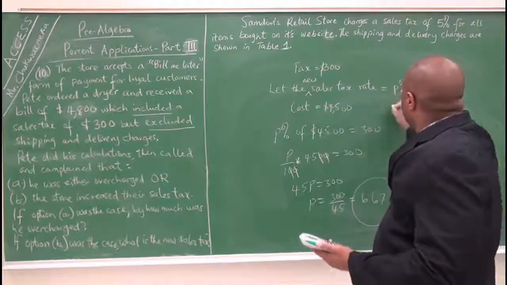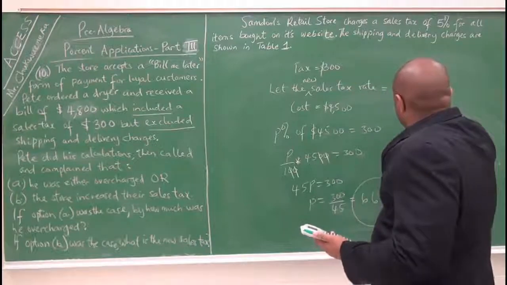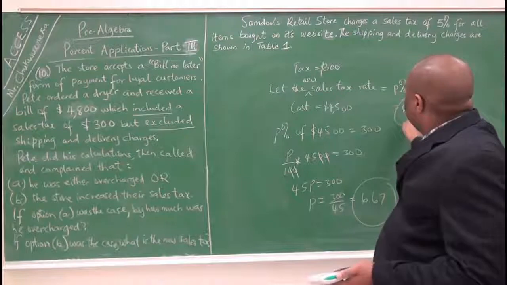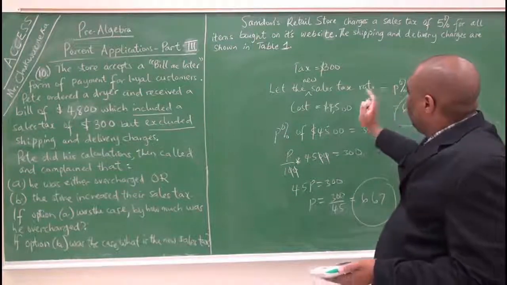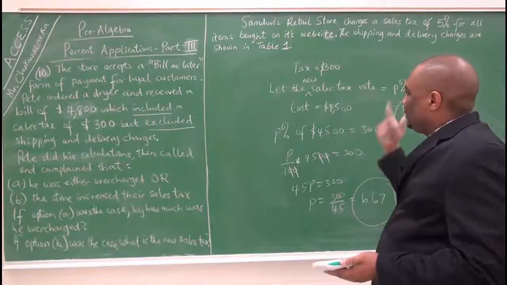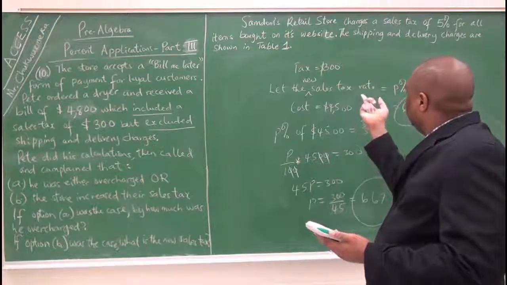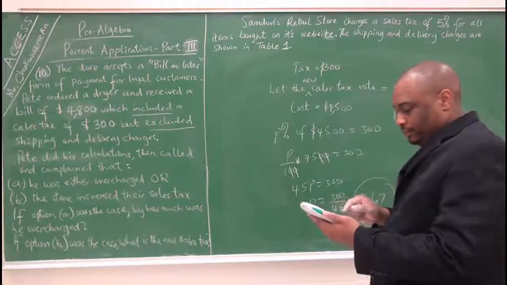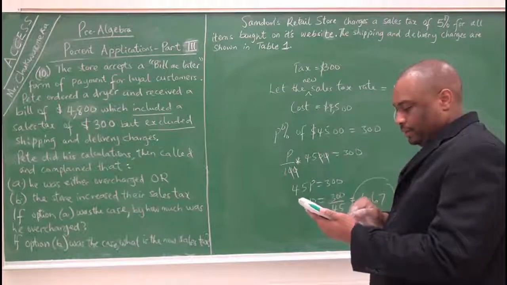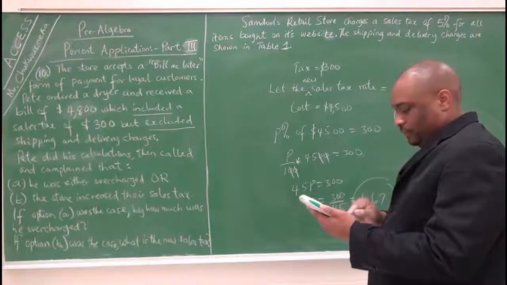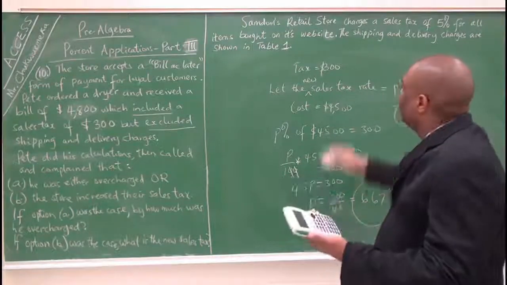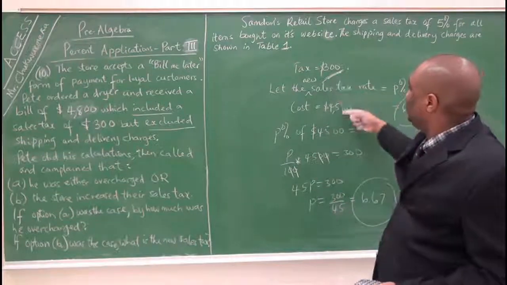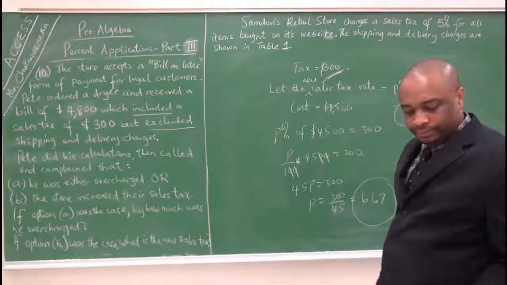The new tax rate is now 6.67%. And how do we check this? We find 6.67% of 4,500 and see whether it will give us 300. So 6.67 divided by 100 times 4,500 gives us 300, which is the tax. So when you add the tax and the 4,500, it gives you 4,800.